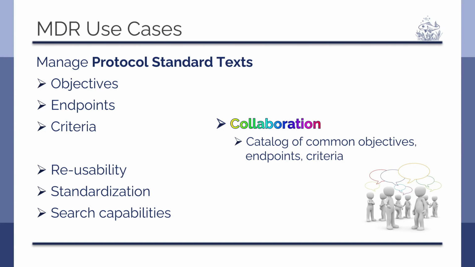And here we really can do a lot of collaboration, because wouldn't it make sense to create a catalog of common objectives, endpoints and criteria? That would be pretty helpful. So we really could have comparable protocols, reusable snippets, which we can use all over.